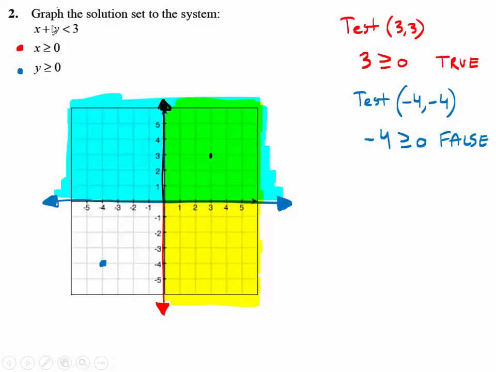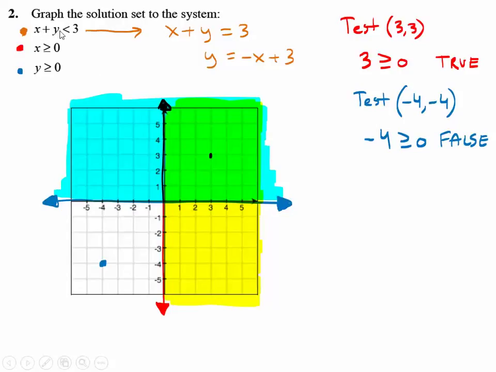x plus y is less than 3. All right, and this one, because it's not set equal to y, you could subtract x from both sides, that's fine. But remember, we can do this by intercepts as well. I'll solve it for y. You can think of if x is equal to 0, what would y be?